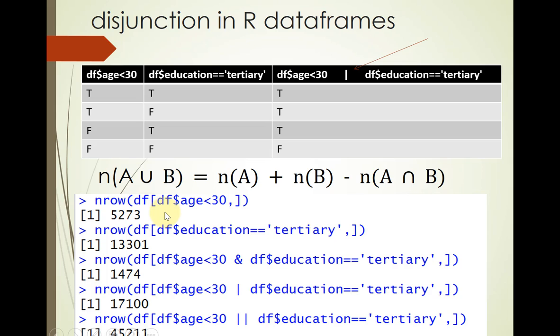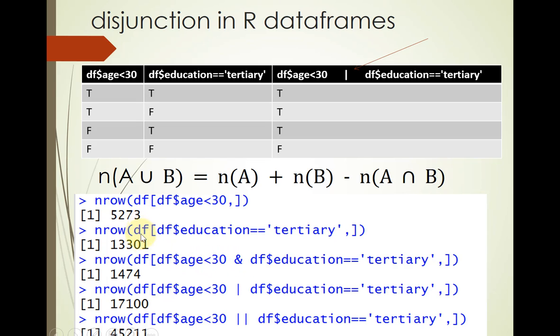So here's the example that we looked at. We ask, how many rows are there in our data frame that have age less than 30? We have this many. How many rows have education equal to tertiary? We have this many. How many rows satisfy the AND?